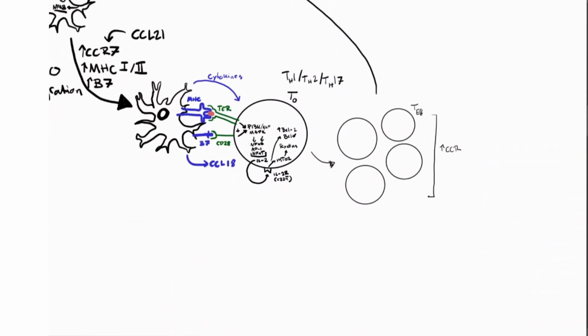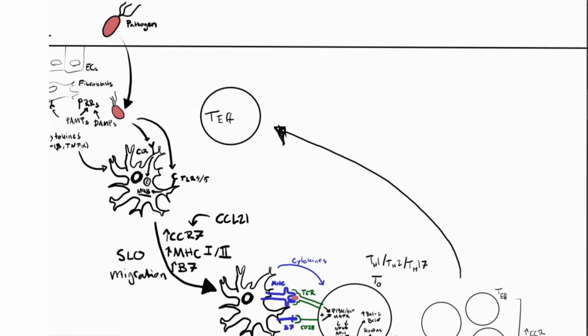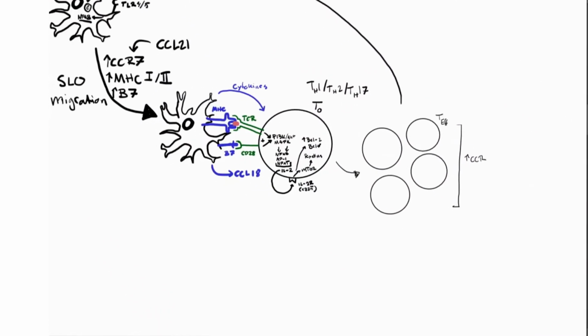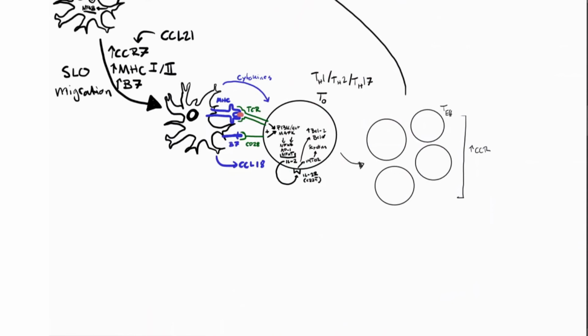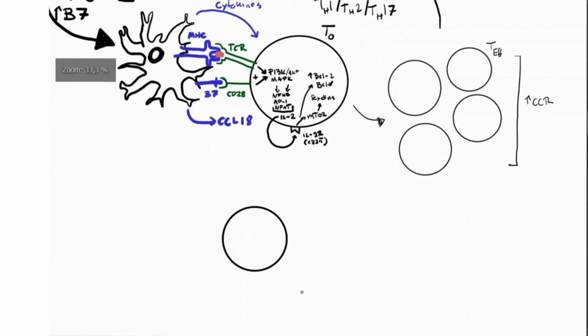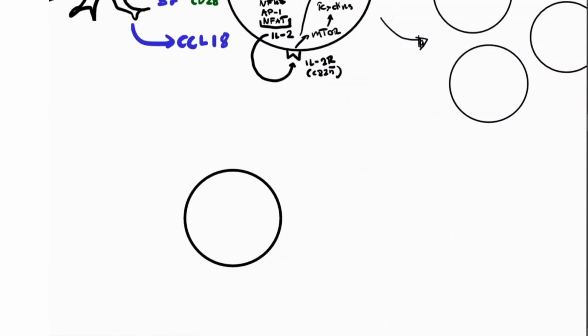But some of the cells don't travel back to the tissue. They stay in the lymph node to become another type of helper cell called follicular helper cell, and a small fraction of them become these cells, and they will stay in the lymph nodes.